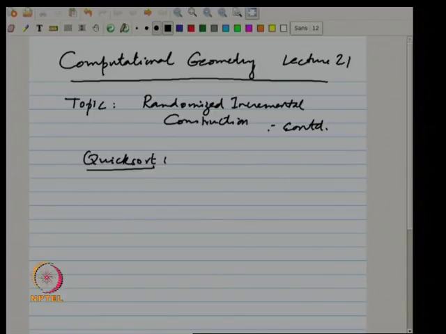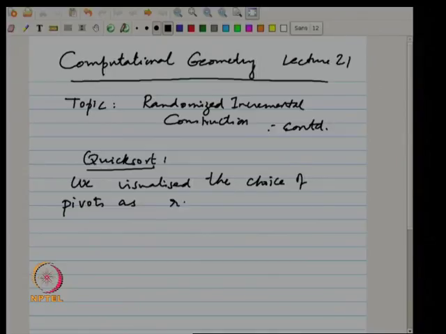So what we did, just to summarize, was visualize the choice of pivots as randomized incremental construction, or RIC in short.